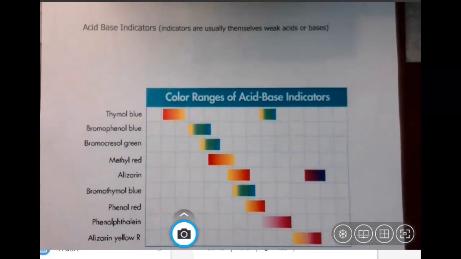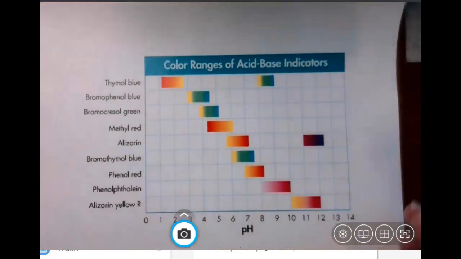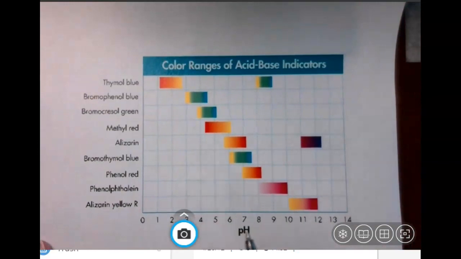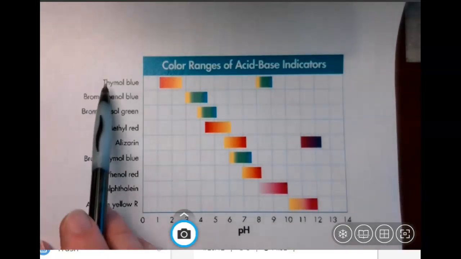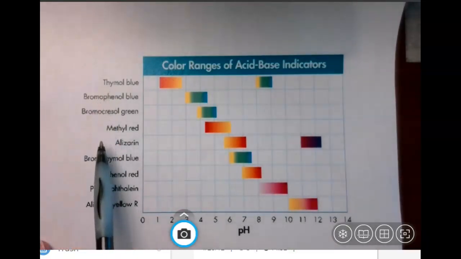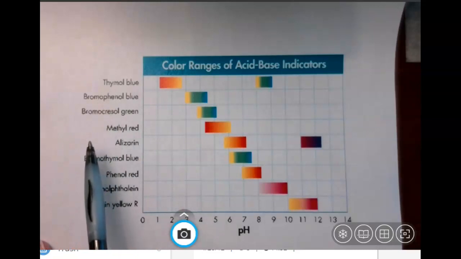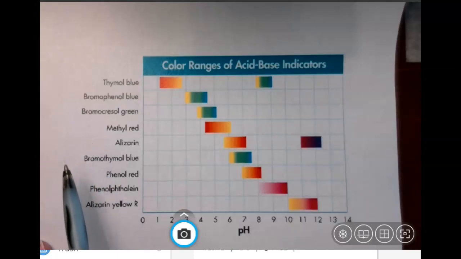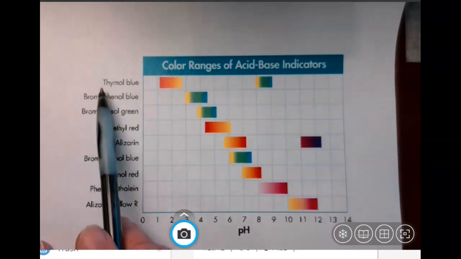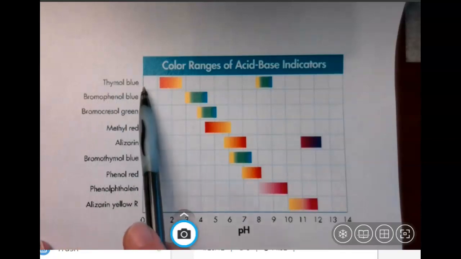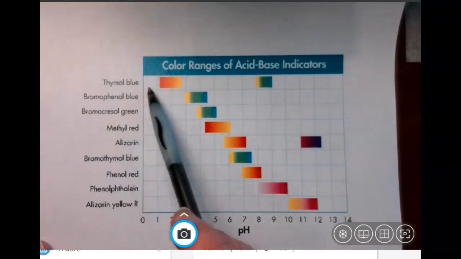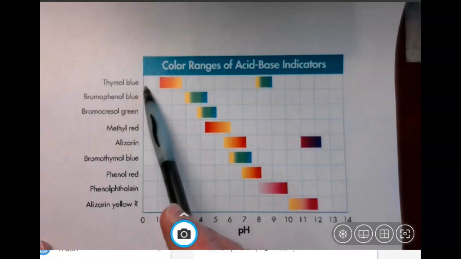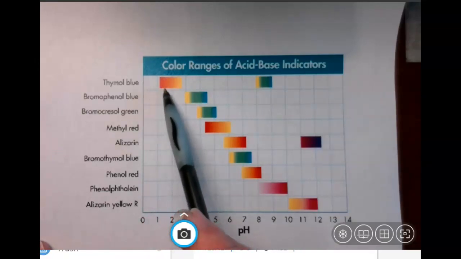knowing the pH. This chart comes out of your book. It's a chart of pH acid-base indicators. Now, these indicators, and you've got a list of several names of them, are usually themselves weak acids or weak bases, and they change color at different pH. So thymol blue is an example. It's red at a pH down in the very low range, from 0 to about 2.